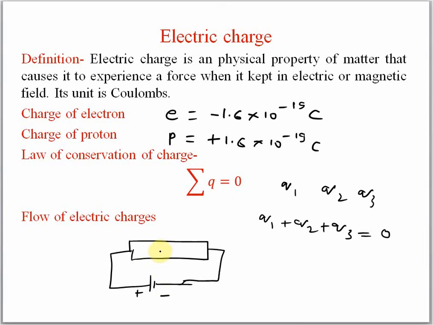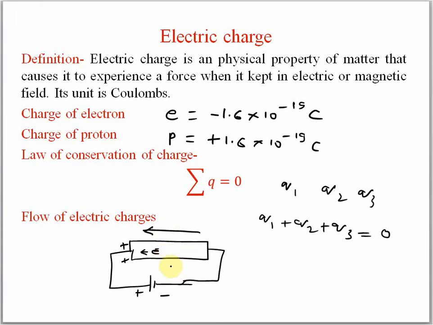In the conductor there are lots of electrons, which move towards the positive polarity of the battery, because positive attracts the electrons.